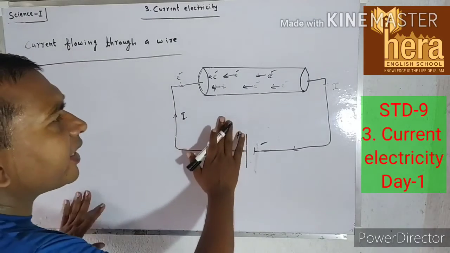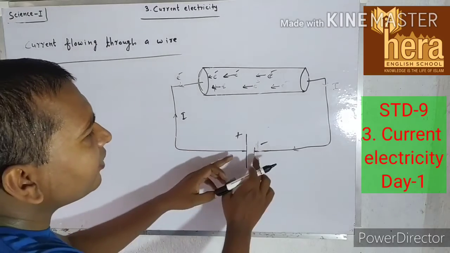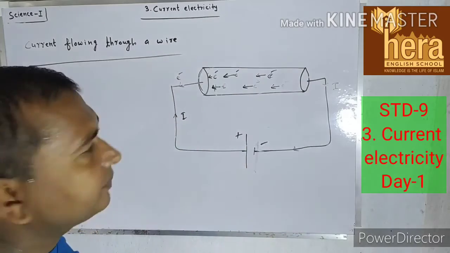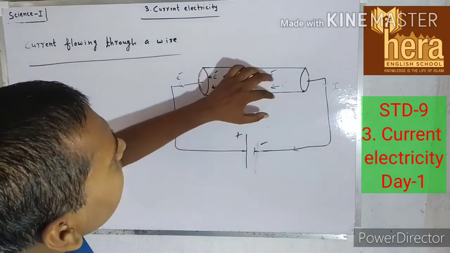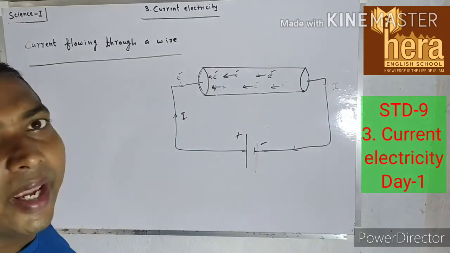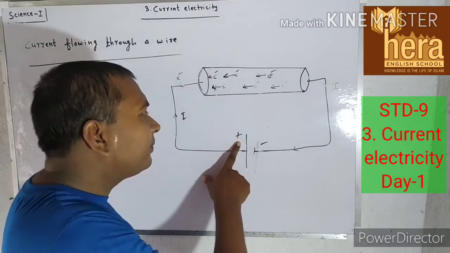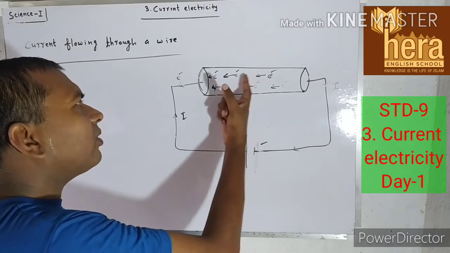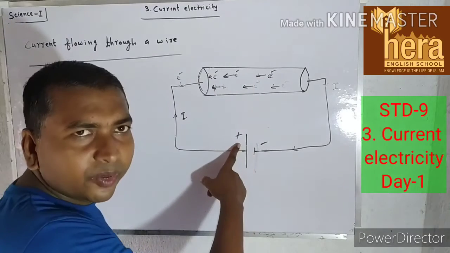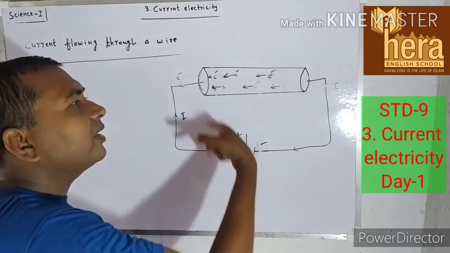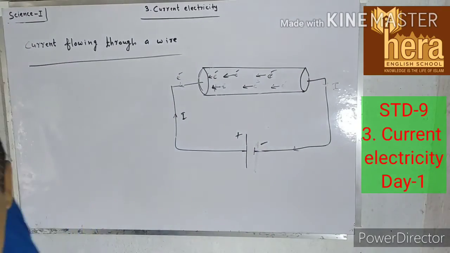When potential difference is applied across the conductor, all the electrons move in one direction, attracted towards the positive terminal, but the direction of current is this one. Okay?